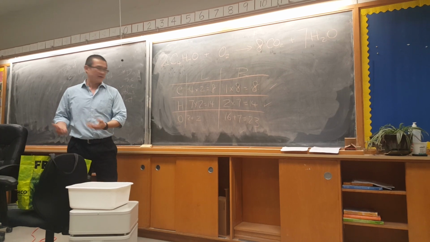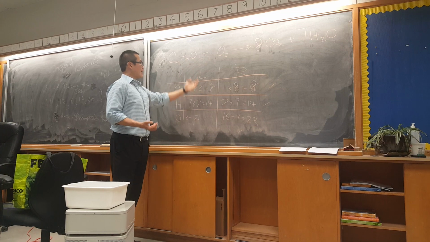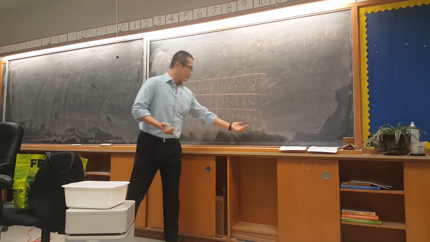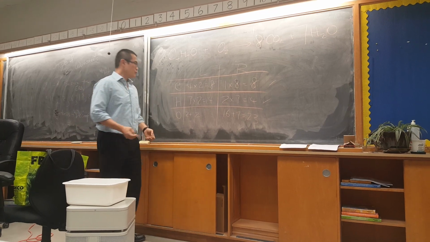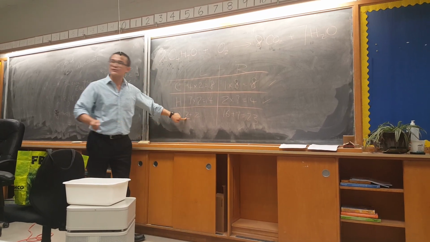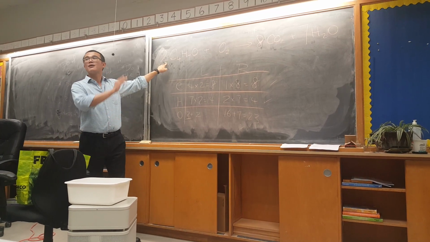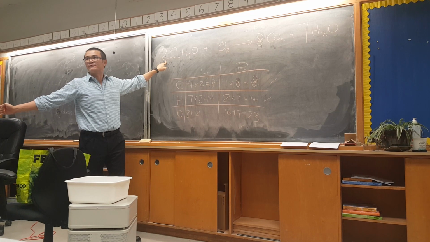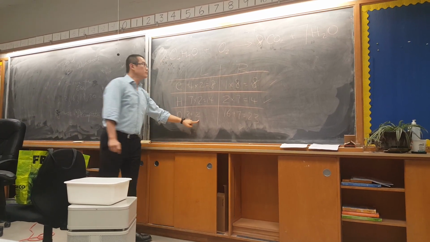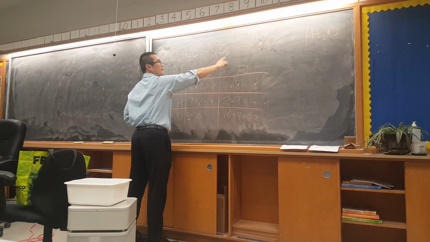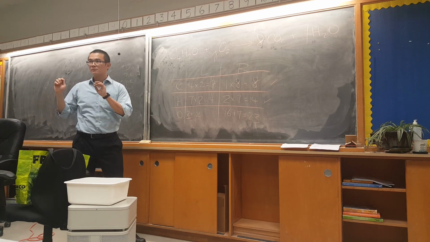Now, this is a weird thing. What do I do? Oxygen on this side, I could play around with different numbers, and here I have 23. At this point, what you should do is this. You don't want to change this 2 in front of C4H7O, because if you do that, then you have to rebalance every single thing, and that would be a mess. It would be easiest if you think about what you can put in front of this O2 to help you balance that out. Are we good so far?